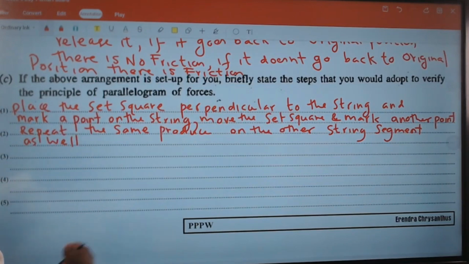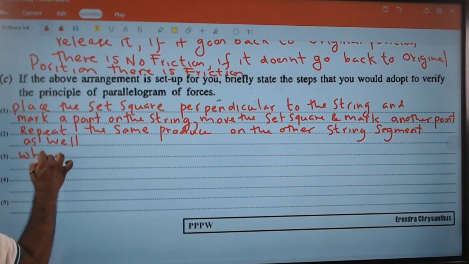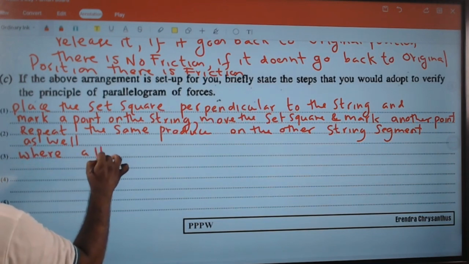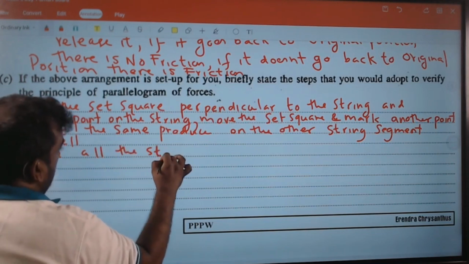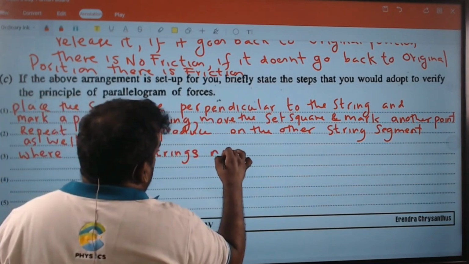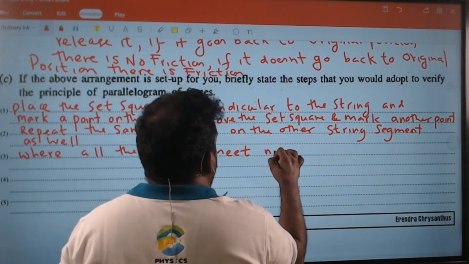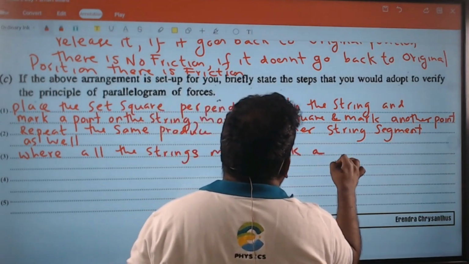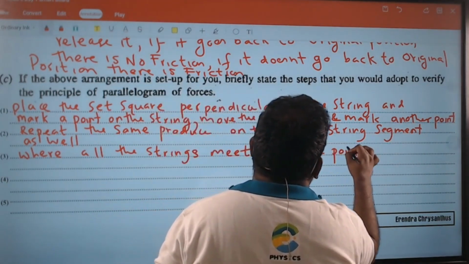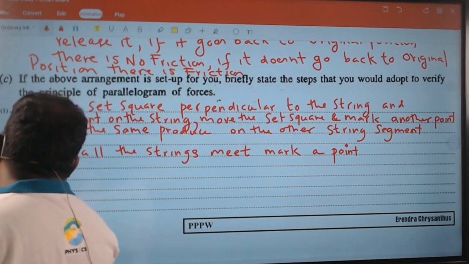Then what? Where all the strings meet, mark a point. Then what?